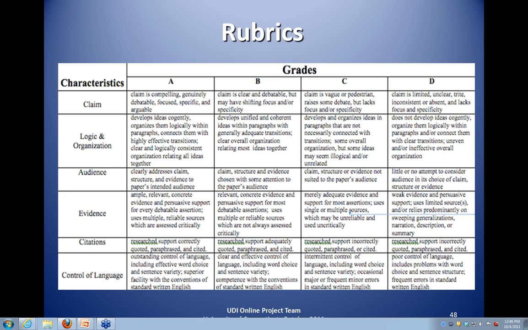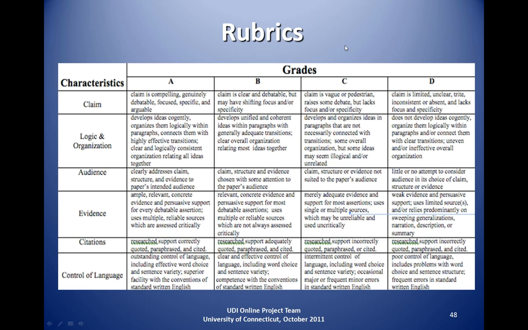So instead of having to recreate the rubric, faculty members can use specific language within these rubrics in their syllabi to describe their grading policy. Again, a nice, easy, handy tool for faculty to adapt depending on their needs within their syllabi.